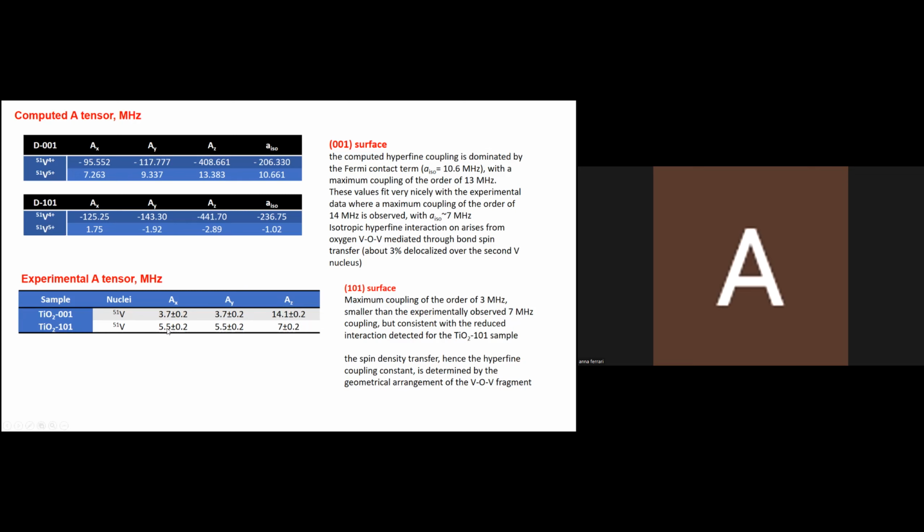What can be the reason for this larger discrepancy for the 101 surface? To try to understand this problem, we consider some mixed valence divanadium 4-5 complexes displaying different geometries.